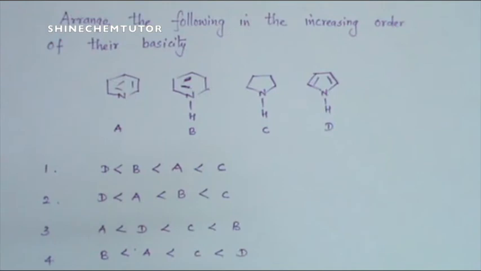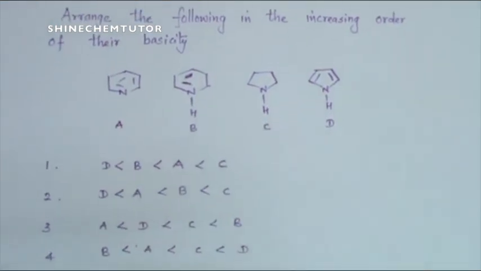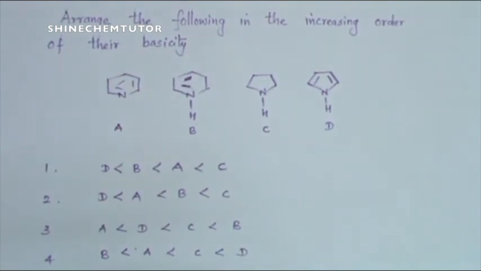Based on the above discussion, I have some practice problem. Try to solve these problems. First one, arrange the following in the increasing order of their basicity. They are given pyridine, piperidine, pyrrolidine and pyrrole. Which one will be more basic and what will be the increasing order?